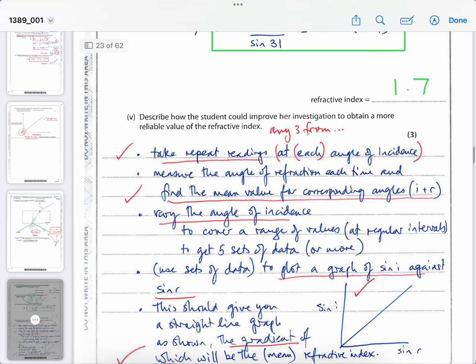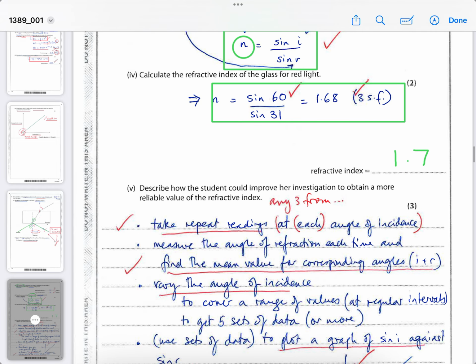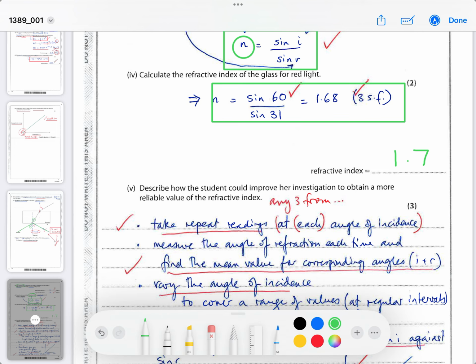It then says, describe how the student could improve her investigation to obtain a more reliable value of the refractive index, one that you can be more sure about. Reliability is normally to do with checking that you've measured it precisely.